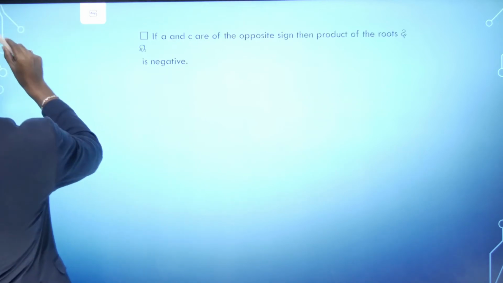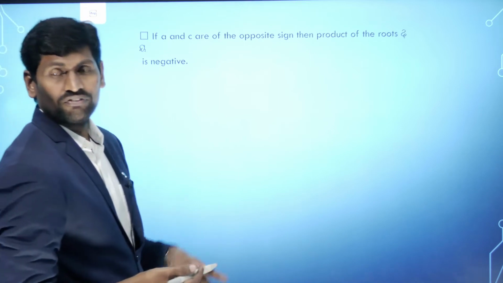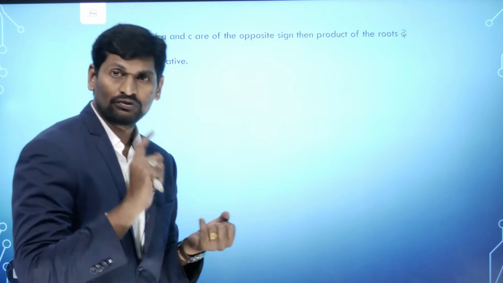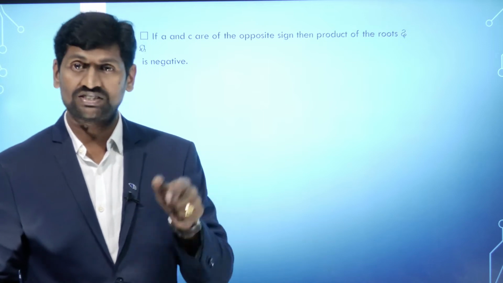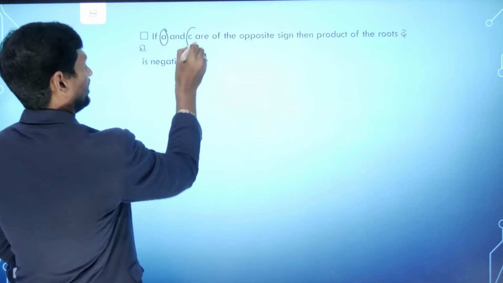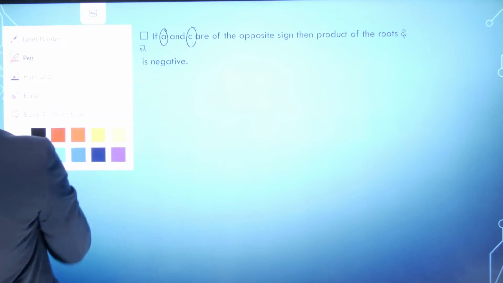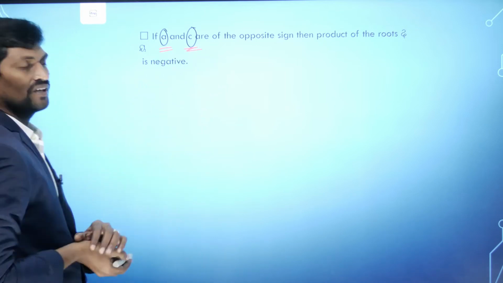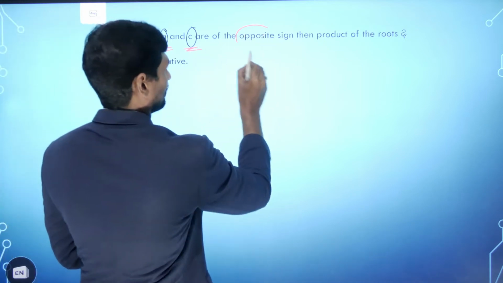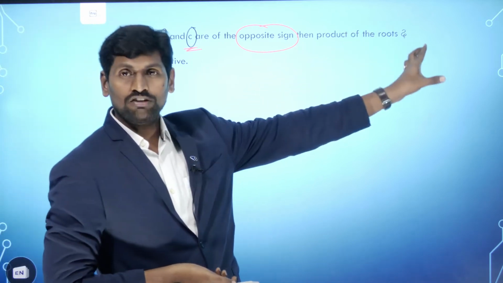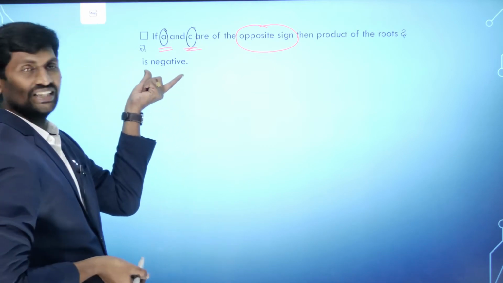Next. Second one. If A and C are opposite signs, that means if you take A value positive, C value is negative, then the product of roots is always negative.